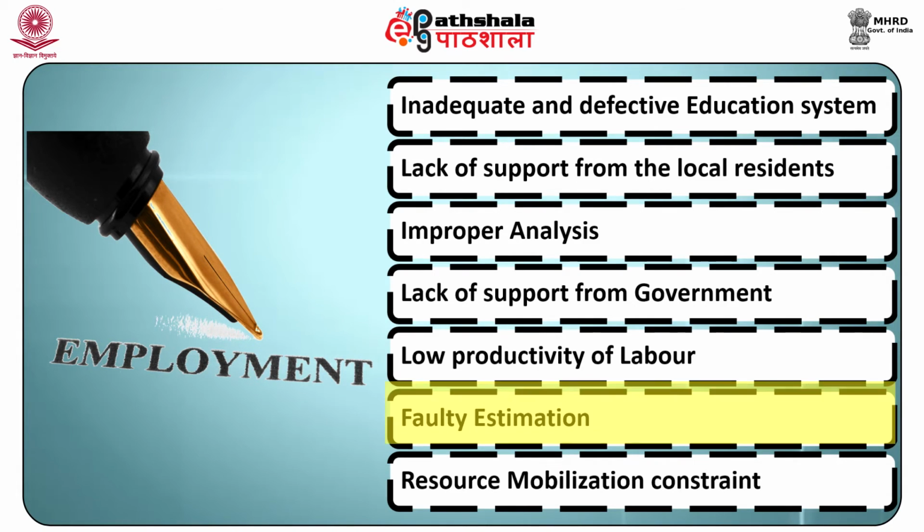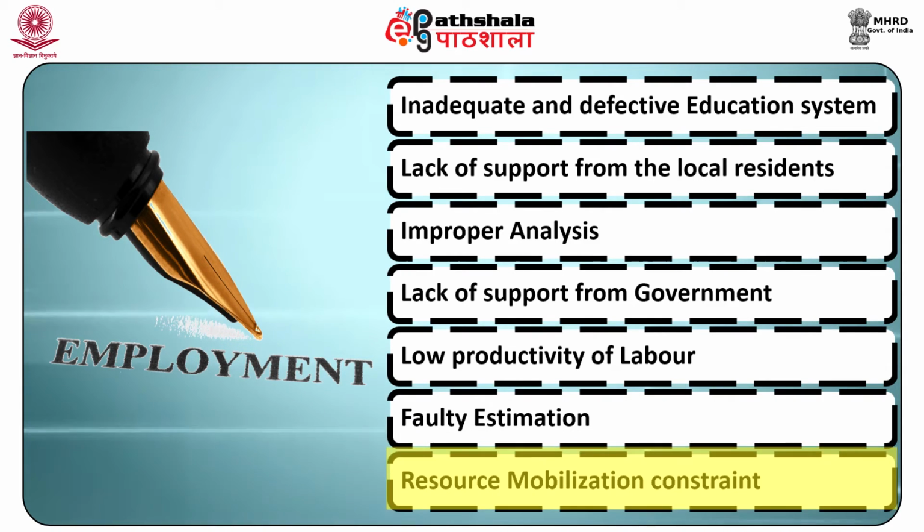Generally in the beginning, the project employment opportunities may seem to be appealing, but in future, due to technological advancement or other changes, there may be no scope or no availability of the employment opportunities as estimated at the initiation. Resource mobilization constraint.